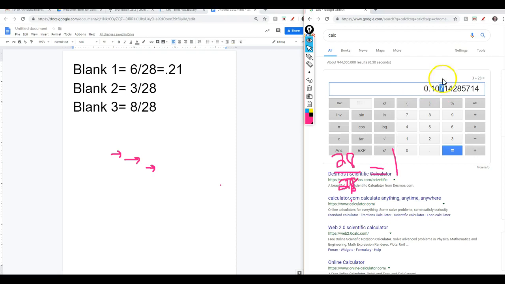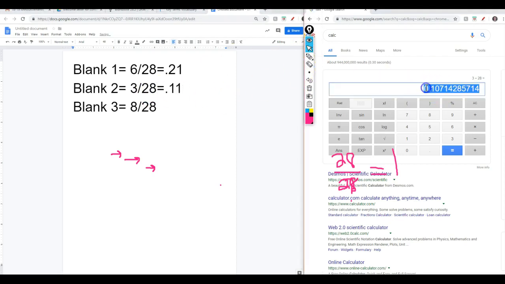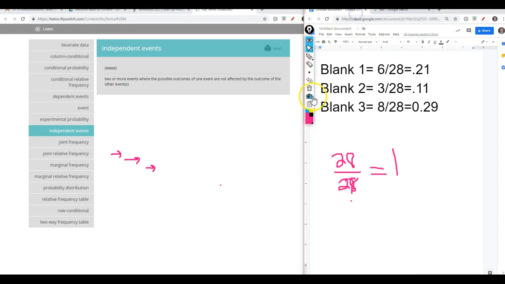Since the 7 is greater than a 5, it will round that up to a 1. So it'll be 0.11. And then we have 8 out of the 28, which is 0.285. Since this is a 5, it will round that 8 up to a 9. So this will equal 0.29.